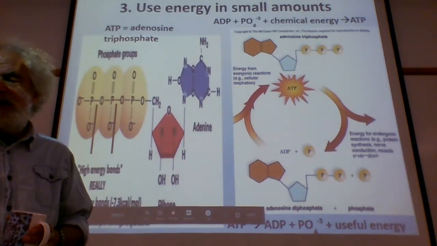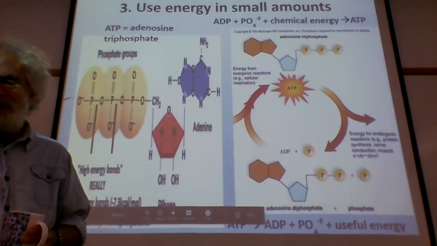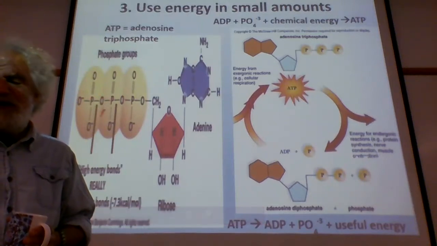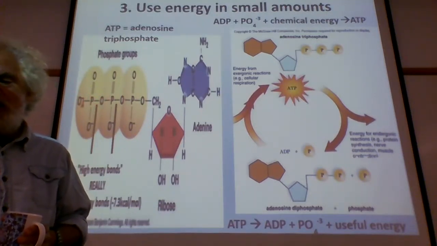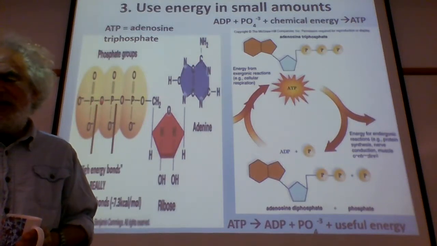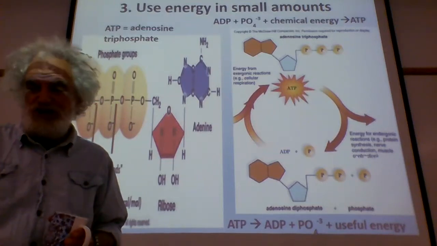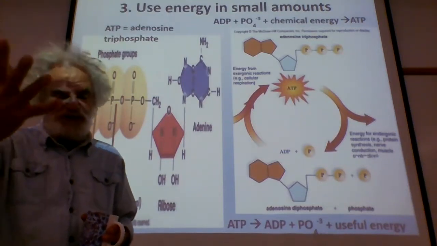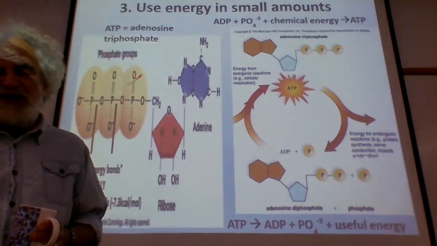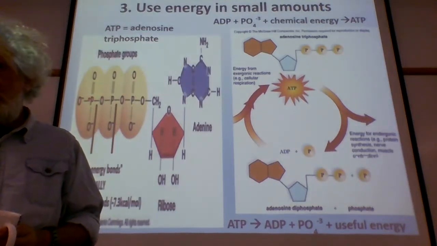And then these are the phosphates. So you've got 3. The high energy bonds are right around here. They are bonds that have a lot of energy in them, and when they break apart, they can transmit that energy. Additionally, the phosphate and its giant negative charge also can affect things.